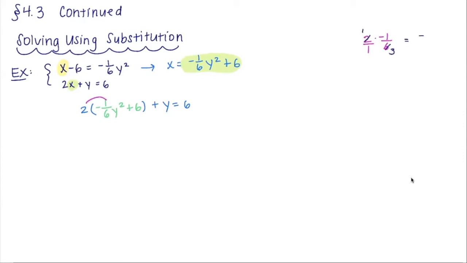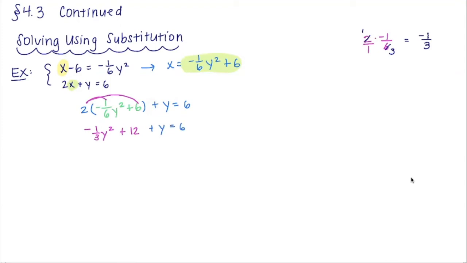And then when I multiply across, I get 2 times negative 1/6 is actually equal to negative 1/3. So if I go back here, I get negative 1/3 y squared. And then 2 times 6 will just be positive 12. Now I don't have to multiply y because it's not in the parentheses. We'll just bring y down and bring down 6.